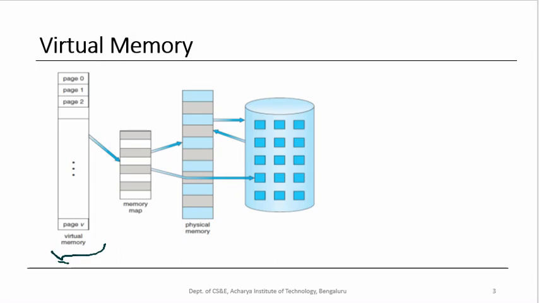The process is divided into consecutive pages, and you might think that the address of the first location of page 0 is 0, and the address of the last location of page V in this case is max. But these are not actually the addresses of these locations. Therefore this view is the virtual view, or it can be called virtual memory.